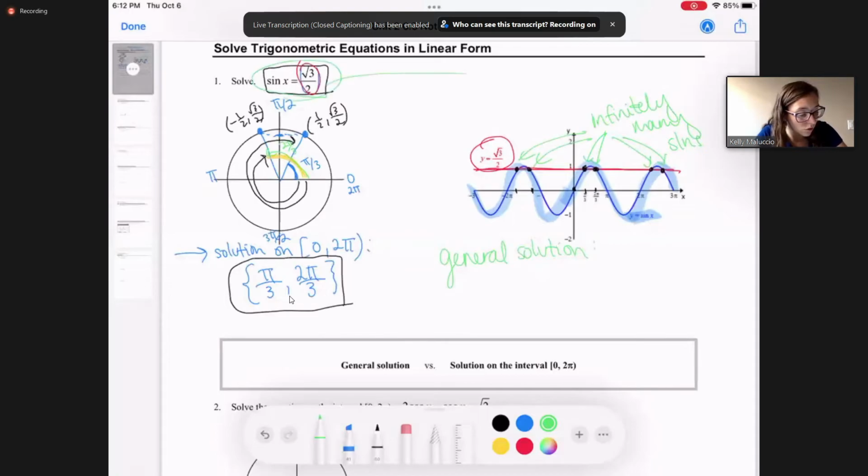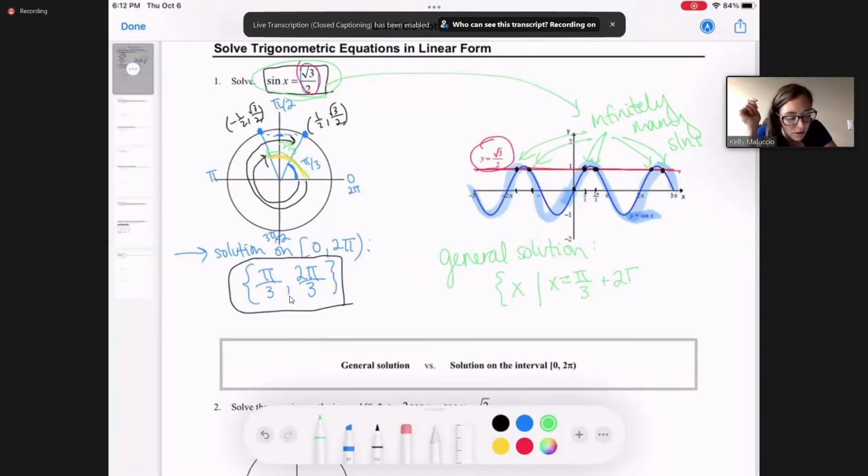So our general solution is going to be these brackets again, and we'll say x such that x equals pi/3, because pi/3 is our first one, but then I could add or subtract 2 pi to this.